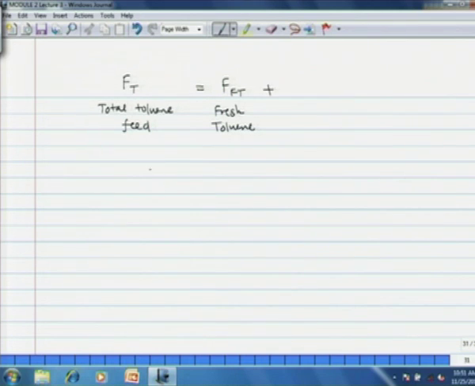Now, let us say that X is the per pass conversion in the reactor, and therefore, the toluene that comes out unreacted is Ft into (1 minus X). We assume that all of this toluene is recovered in the separation system and is recycled back to the reactor. Now, if you simplify this particular expression, then we get a relation between fresh feed of toluene and the total feed of toluene.